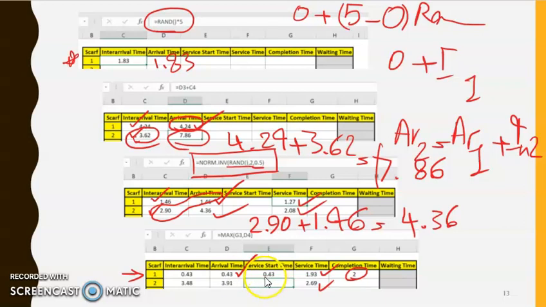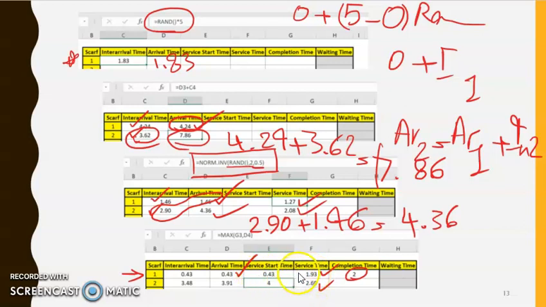When service starts, you have the service start time that is 0.43, and also you have the service time. According to the formula you made before, the summation of these two things gives you the completion time.